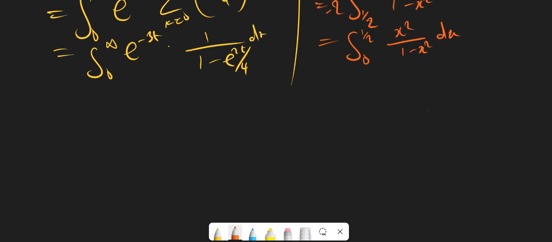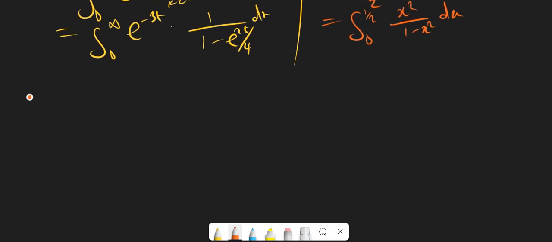And then we can do something interesting here. There is a 2 here, let's not forget that. This is going to be twice the integral from 0 to half of negative (1 minus x squared minus 1) all divided by 1 minus x squared dx.